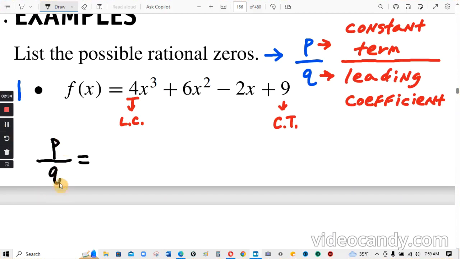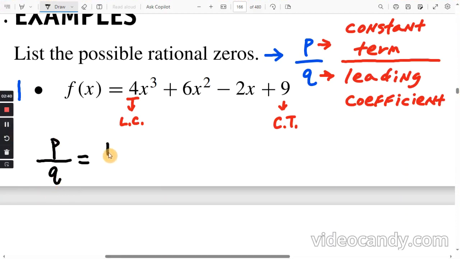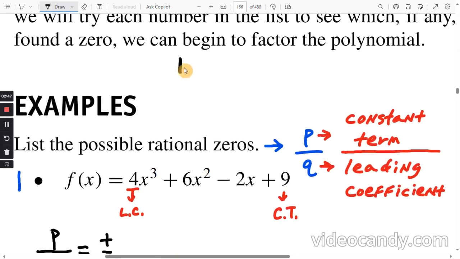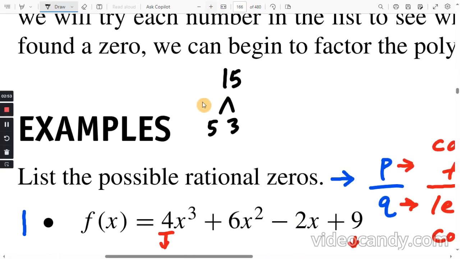All right, so we have p over q, and you're always going to use plus minus. You're always going to use plus minus, and why is that? Well, let's say you have the number positive 15. We know that 5 times 3 will work. But we also know that negative 5 times negative 3 will work.